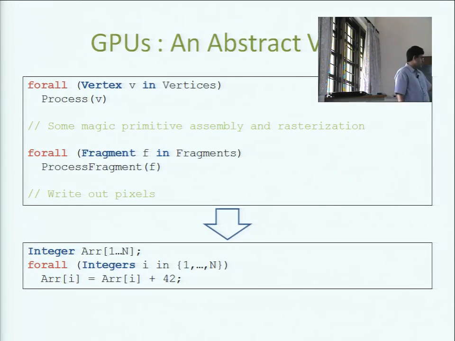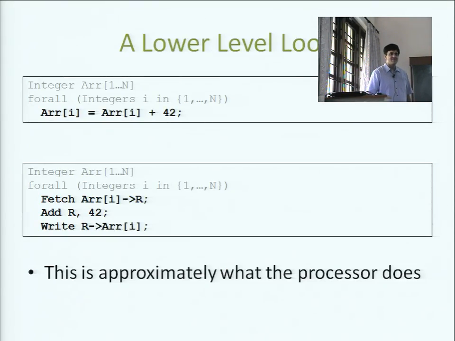So this loop is in some sense representative of what a GPU does. So you have an array of integers, you pick each element in turn, and then you add some number to it. Make sense? Okay.